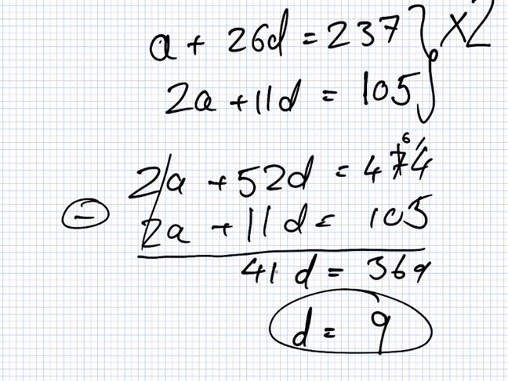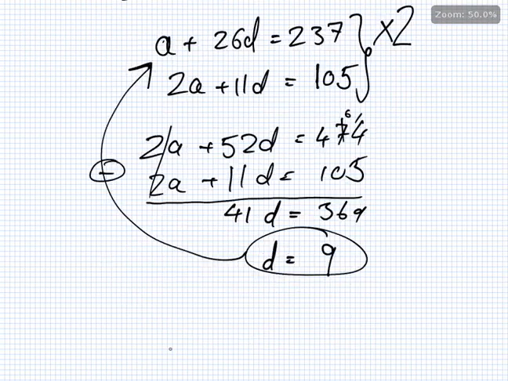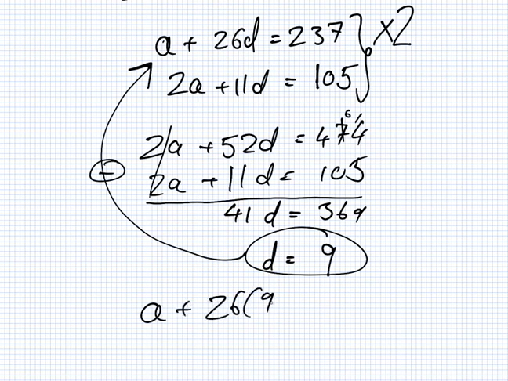Now we can get A. So I'll put this in here. So I have A plus 26 times 9 equals 237.